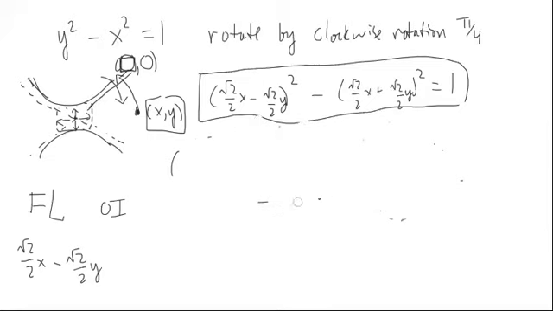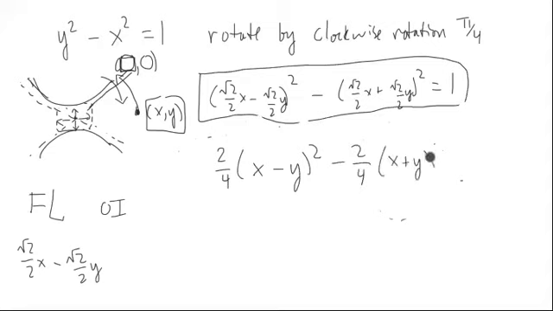And then you square it. So when it comes outside of the square, you're going to get a 2 over 4, which is really 1/2, and you have an x minus y squared. And over here, you do the same thing, factor out 2 over 4, and you get x plus y quantity squared equal to 1, which is just 1/2, 1/2.